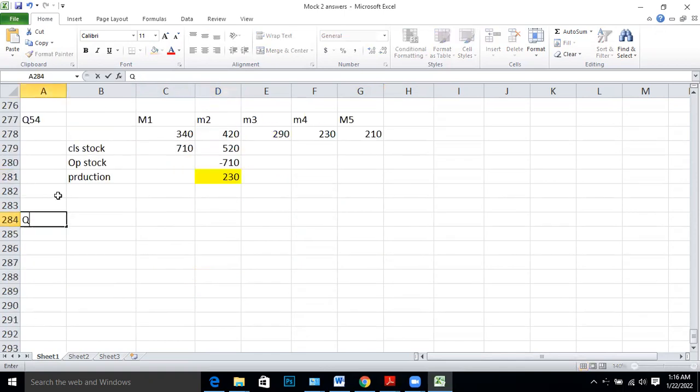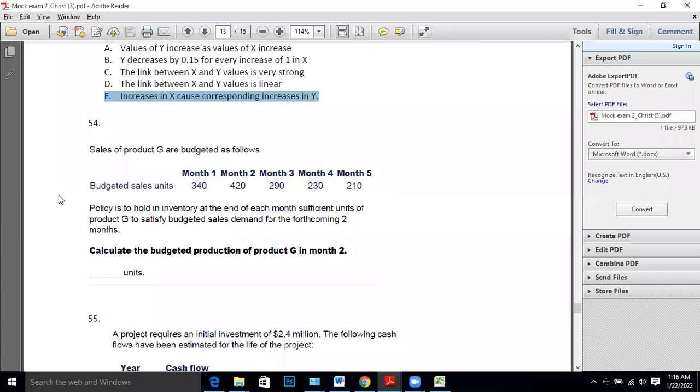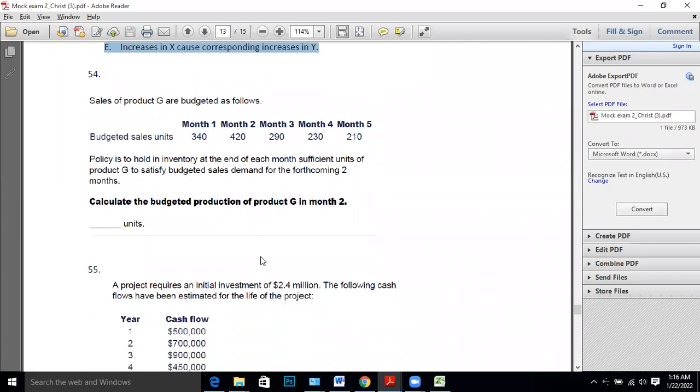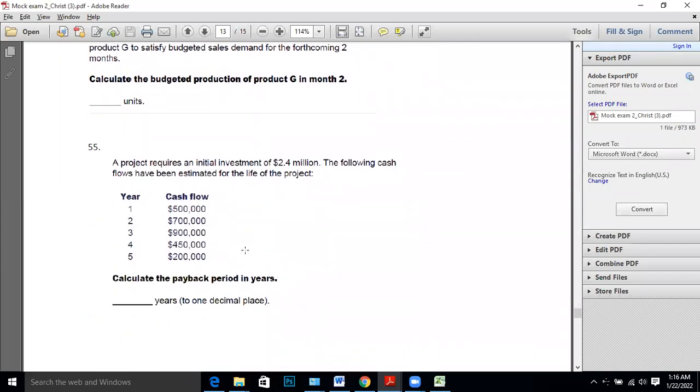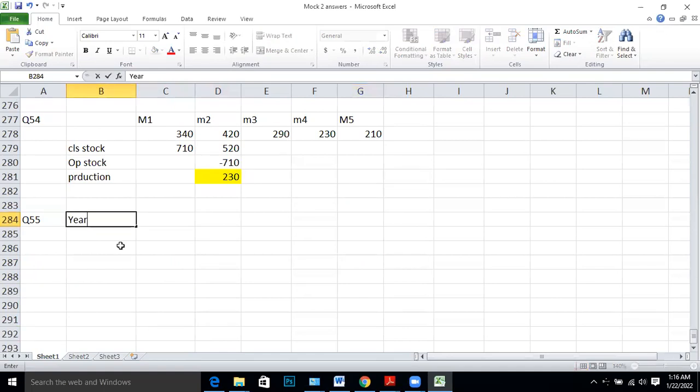Question 55. Payback period. The project requires an initial investment of 2.4 million. The following cash flows have been estimated for the life of the project. Year 0, 1, 2, 3, 4, 5.